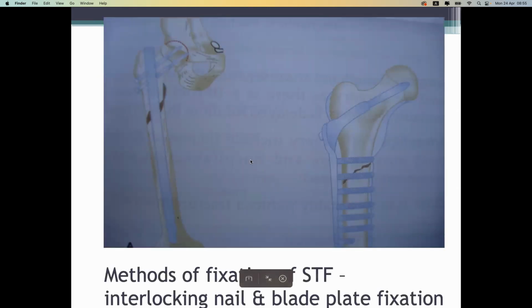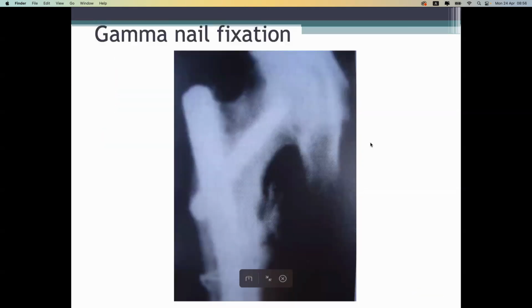So here we have a fixation technique. On the left-hand side, you can see the intramedullary nail with the locking screws. And the right-hand side, you can see the blade plate with a stabilizing screw.